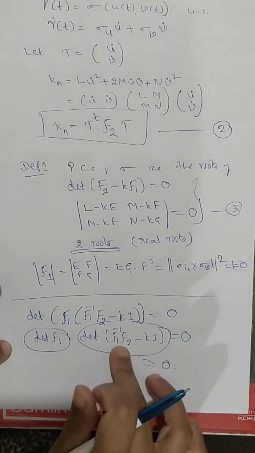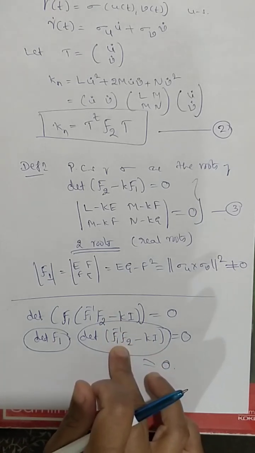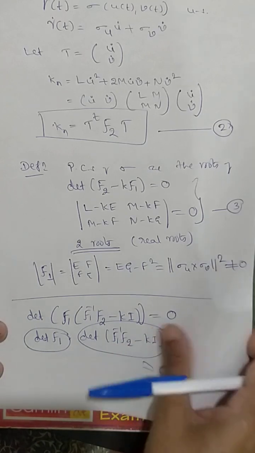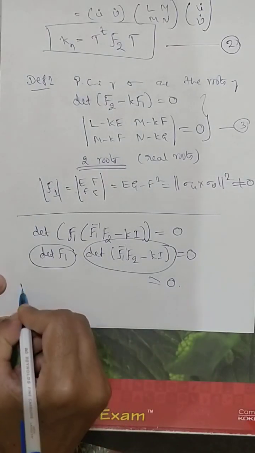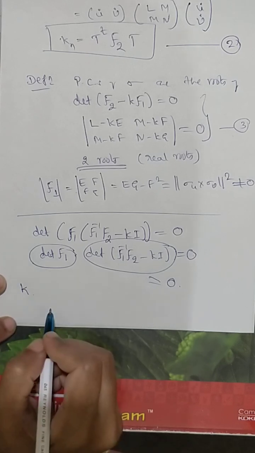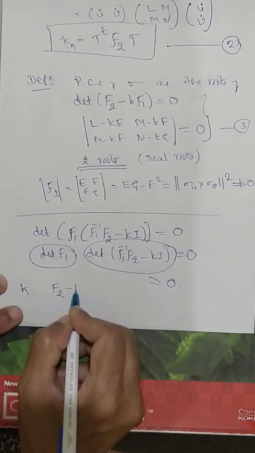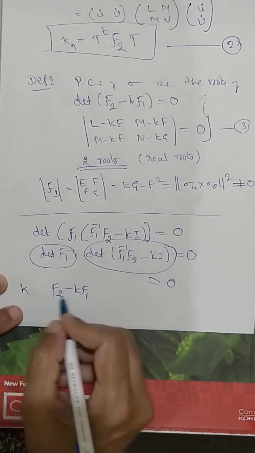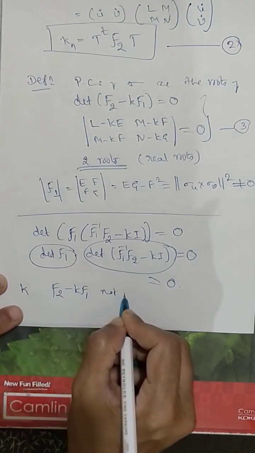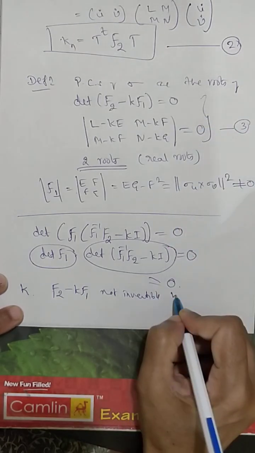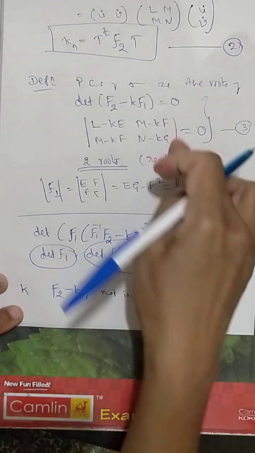But this is not usually a symmetric matrix. Now if K is one of the principal curvatures of sigma, then F2 minus KF1 is not invertible, by statement 3.